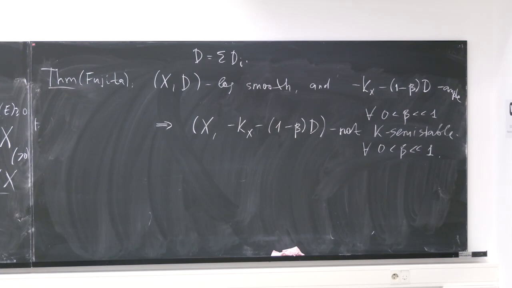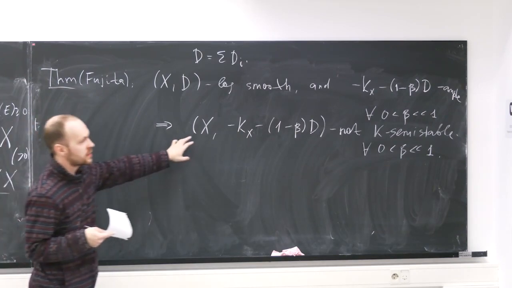I don't understand. If X is just Fano, and take D, for example, a general anti-canonical element, then everything works, right? Yes. So it means that any Fano is not K semistable, this pair.